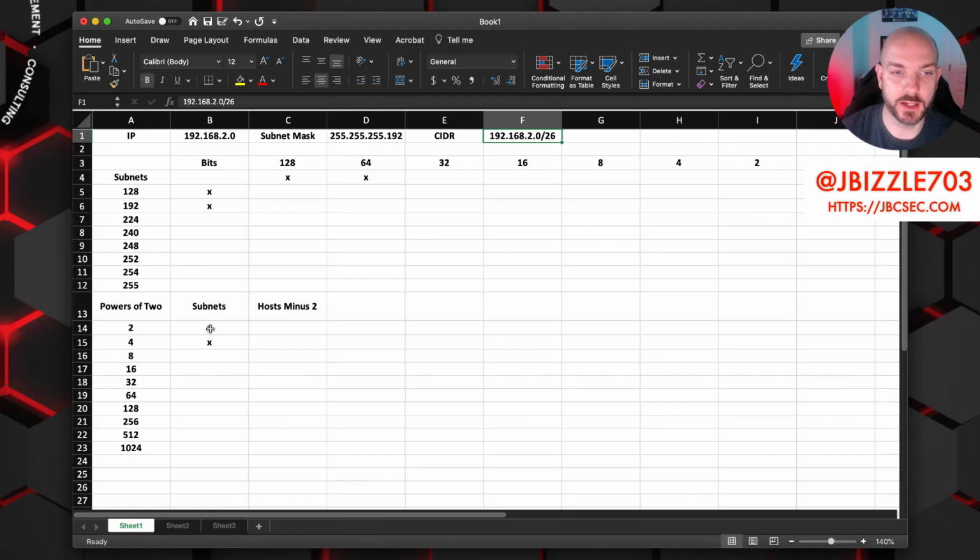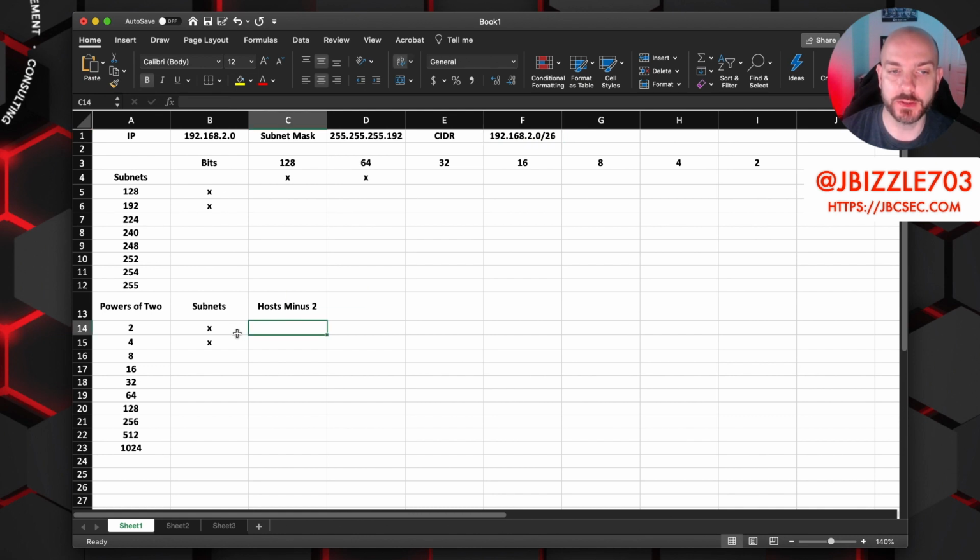So back within Excel, we marked the 2 here because we did 2 under the subnets and 2 under the bits. Now, since we're dealing with an 8-bit range available within that subnet mask, remember, 255.255.255.0 is a /24, and we're trying to figure out stuff that's within that last octet.